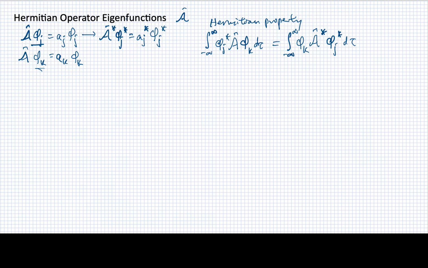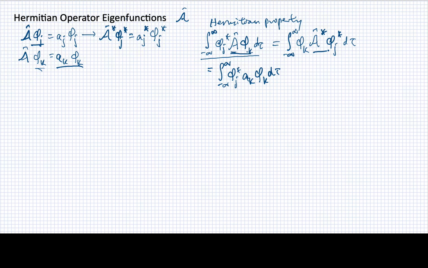Now, on this side, the operator is operating on phi sub k, so I already know the result of that is to give me back the eigenvalue a sub k. So I'll write this down here. This part doesn't change. The operation of a on phi sub k will give me a sub k times phi sub k.